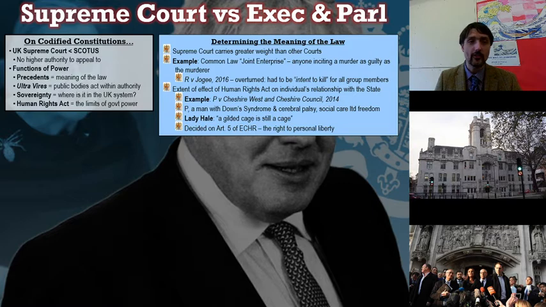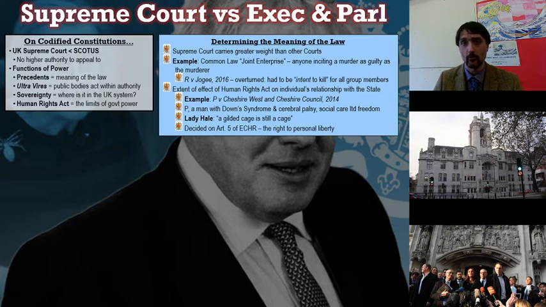Furthermore, you've got the effect of human rights on individuals' relationship with the state. Now, you might say, surely that comes under the Human Rights Act. And I say, well, yeah, kinda, but this rests on a precedent. Allow me to explain. In 2014, there was a case of P versus Cheshire West and Cheshire Council.